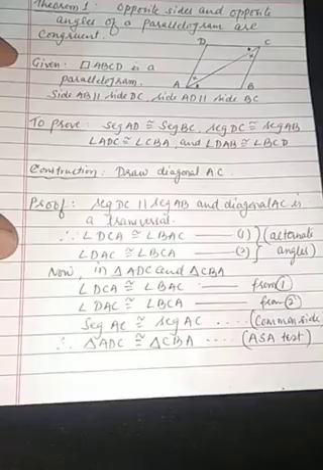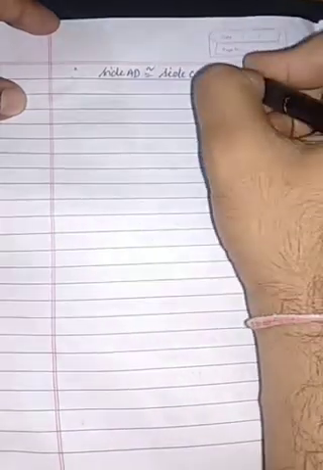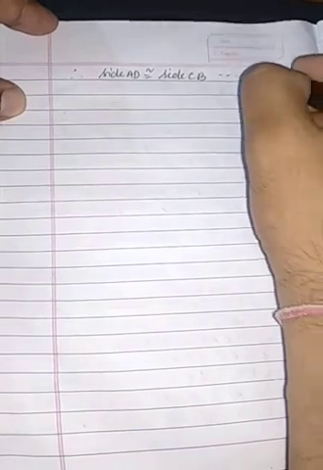Let's move ahead. So students, if triangles are congruent, then their corresponding sides and corresponding angles will also be congruent. So you can write side AB is congruent to side CB. The reason for this is CSCT. Okay, corresponding sides of congruent triangles.